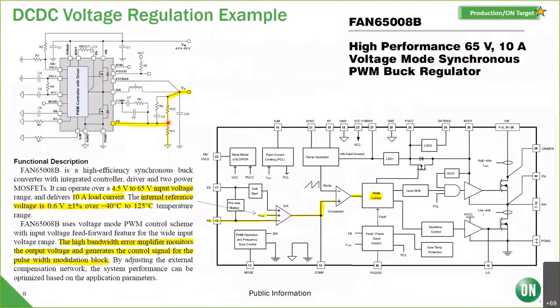That feedback pin goes to a resistor divider or ladder with the output. So this basically provides an attenuated voltage of the output that goes into the feedback. That goes into an error amplifier, and that's compared to a VREF. The VREF is an internal reference voltage, 0.6 volts plus or minus 1% over minus 4 to 125 degrees C.